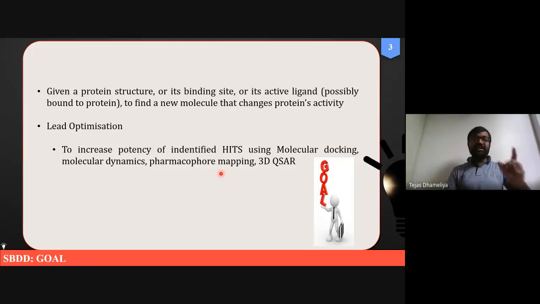Similarly, pharmacophore mapping is a kind of mapping technique for pharmacophores. So what is a pharmacophore? In general, it means certain key features present in the molecule to interact with the desired target.